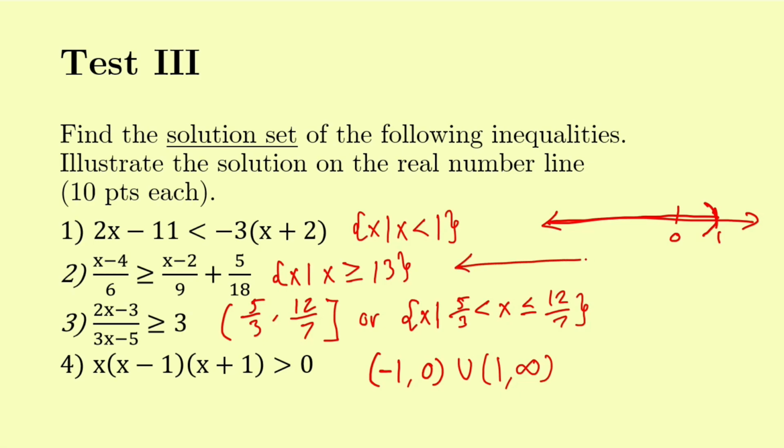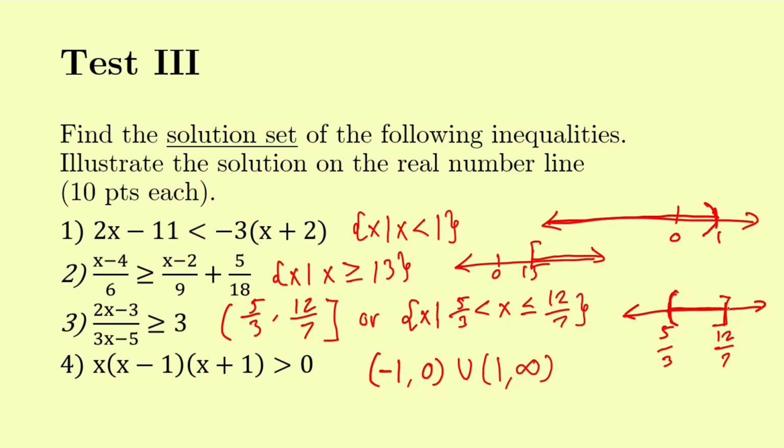Next, for number 2, x such that x is greater than or equal to 13. 0 for reference. 13 greater than or equal to, so we will use a bracket. Number 3, between 5/3 and 12/7. Kasama si 12/7, si 5/3 hindi. So, ganyan siya.